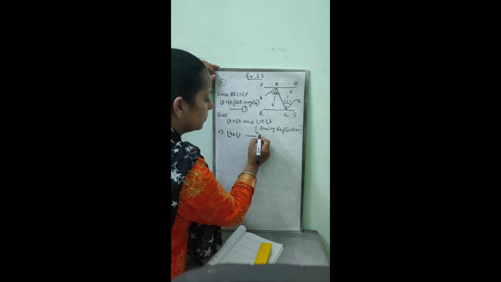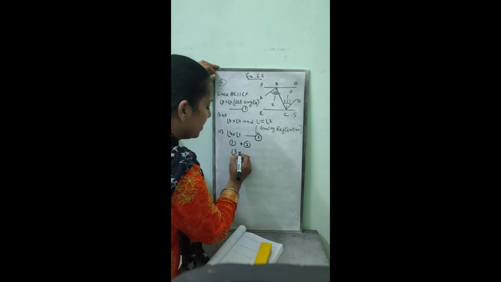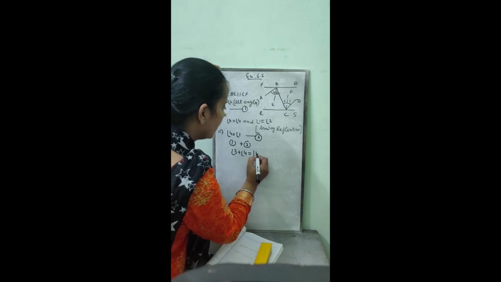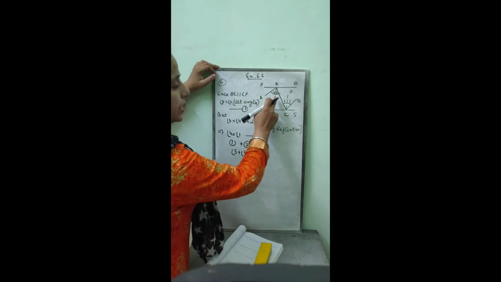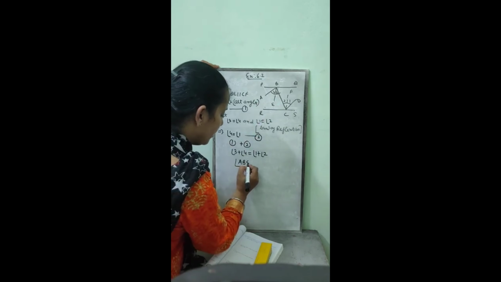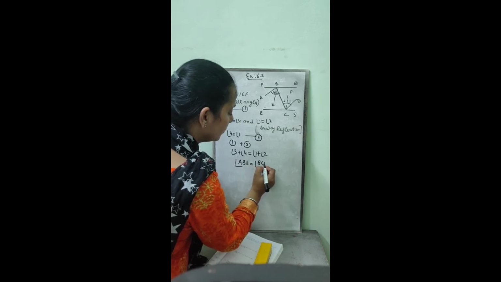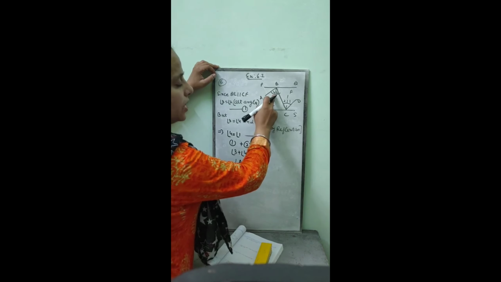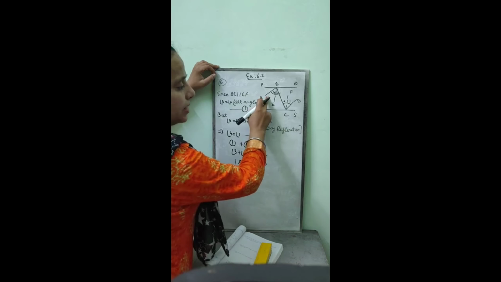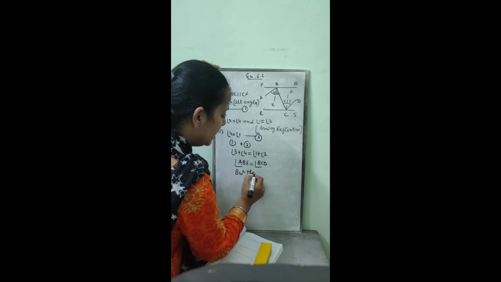This is number 2. Now 3 plus 4 is equal to angle 1 plus 2. Angle 3 plus 4 is angle ABE. Angle 1 plus 2 is angle BCD. But these are alternate angles made by AB and CD.